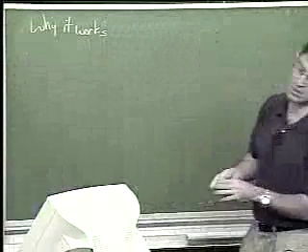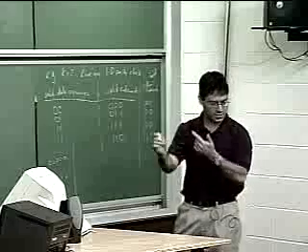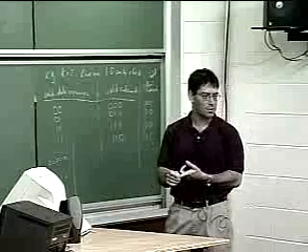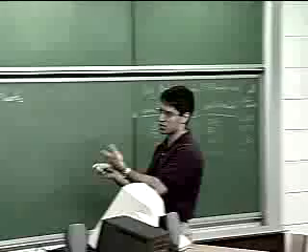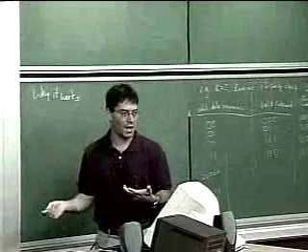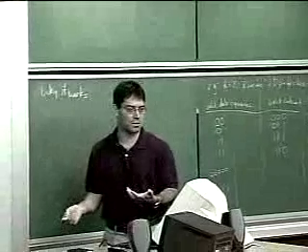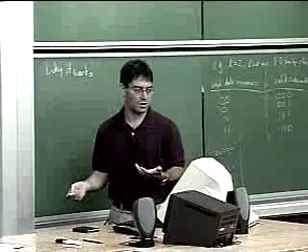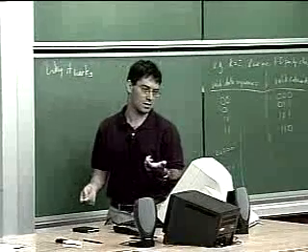Just so you know, when I ask questions on the midterm, I assume you know how to do it. That's like part A of the problem. Part B is going to be making sure you understand why things work. And that's really what I care about. I don't care if you're able to apply the techniques. I care if you understand them. So whenever I ask questions on a midterm or final, I always throw in some twist.